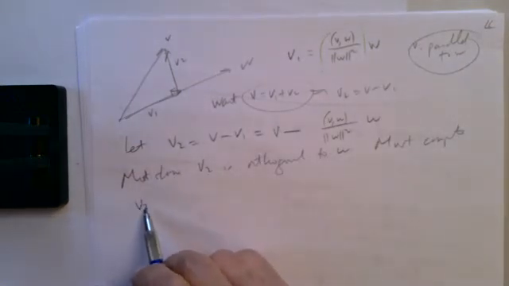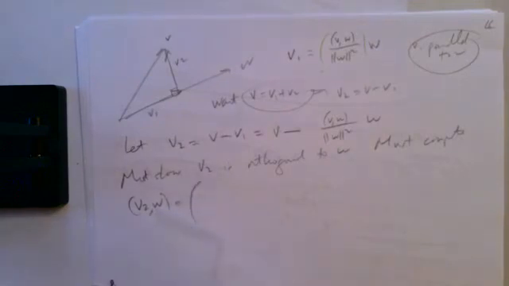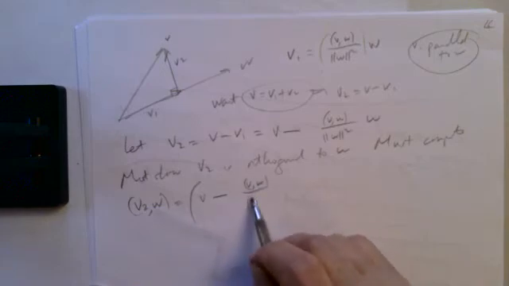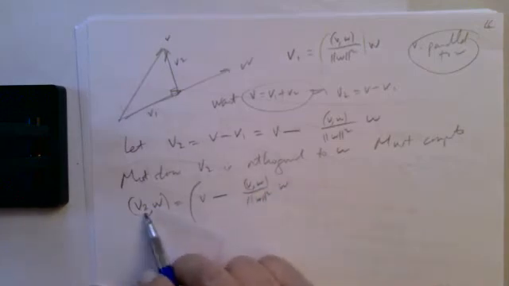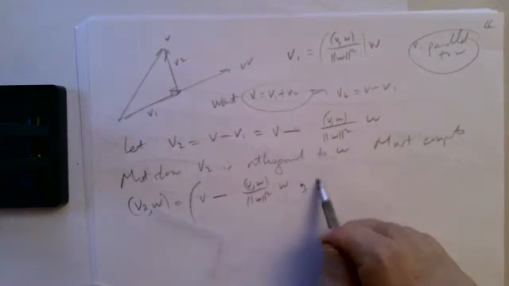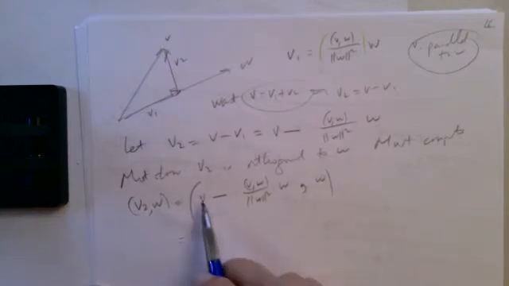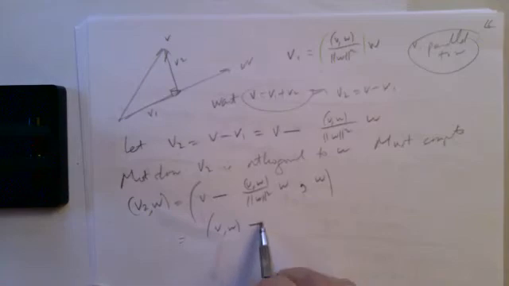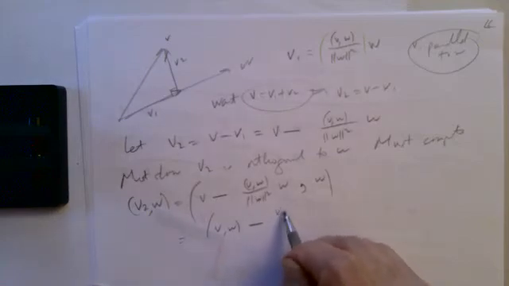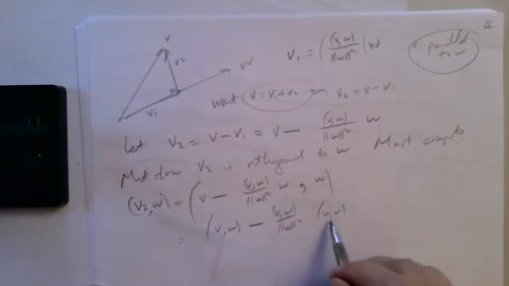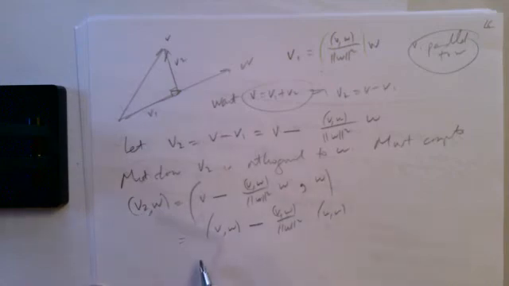So what is the inner product of V2 and W? Well, V2 is V minus VW over length of W squared times W. That's V2, inner product with W. And by the bilinearity, this is the inner product of V and W minus the scalar times the inner product of W with W. But the inner product of a vector with itself is by definition the length of the vector squared.